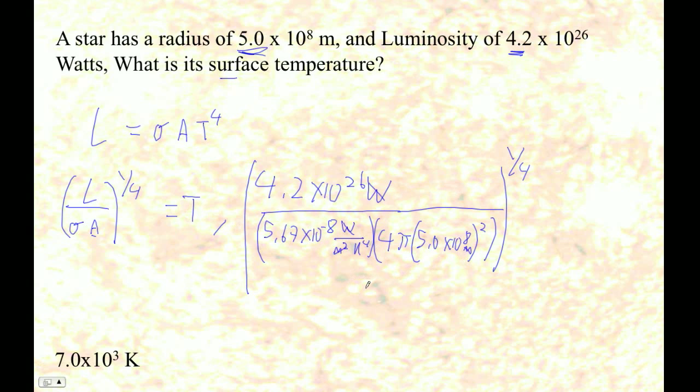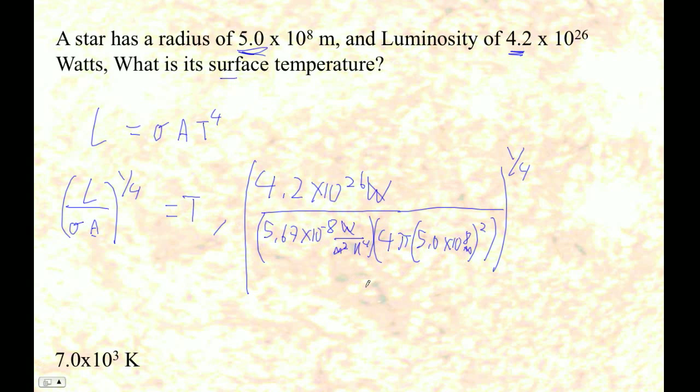Parenthesis 4.2 e to the 26th divided by, beginning of the denominator, 5.67 e minus 8 times 4 times pi times 5e8 squared, end of the denominator, end of the expression, raised to the 1 divided by 4. Wow, it's complicated.